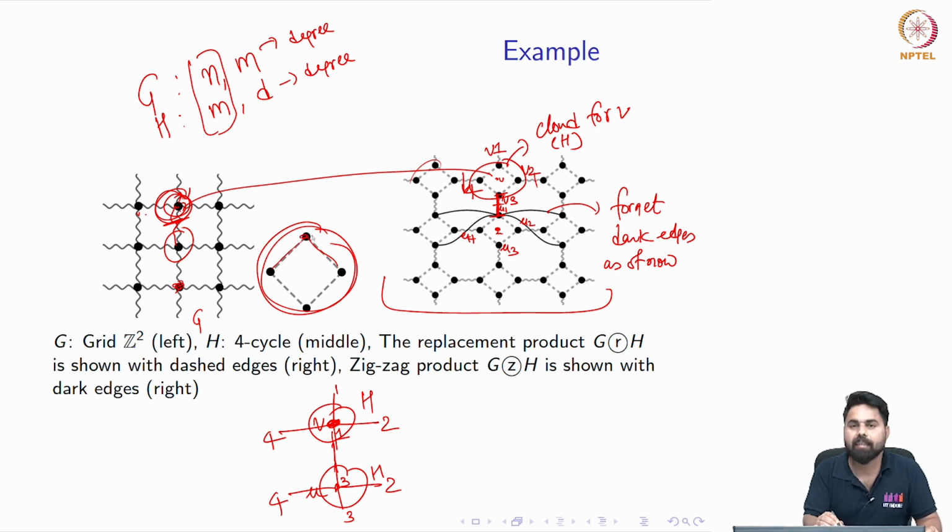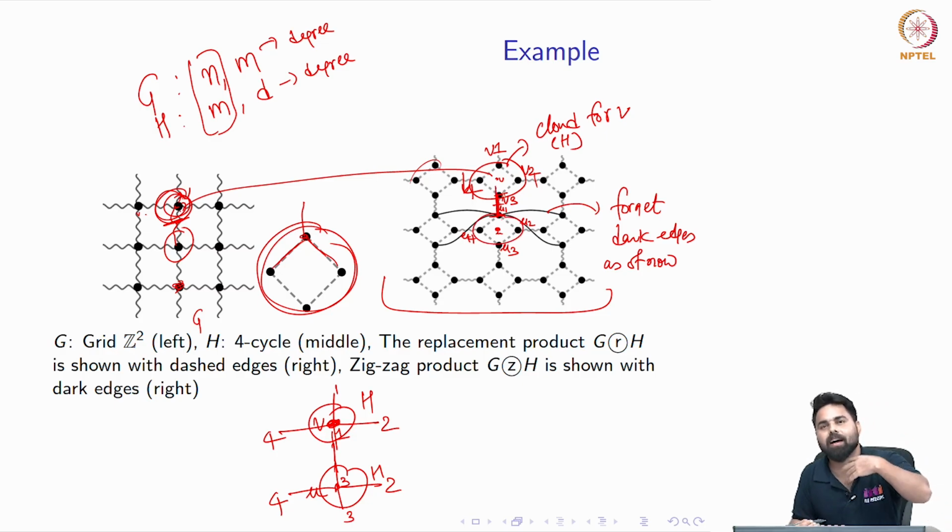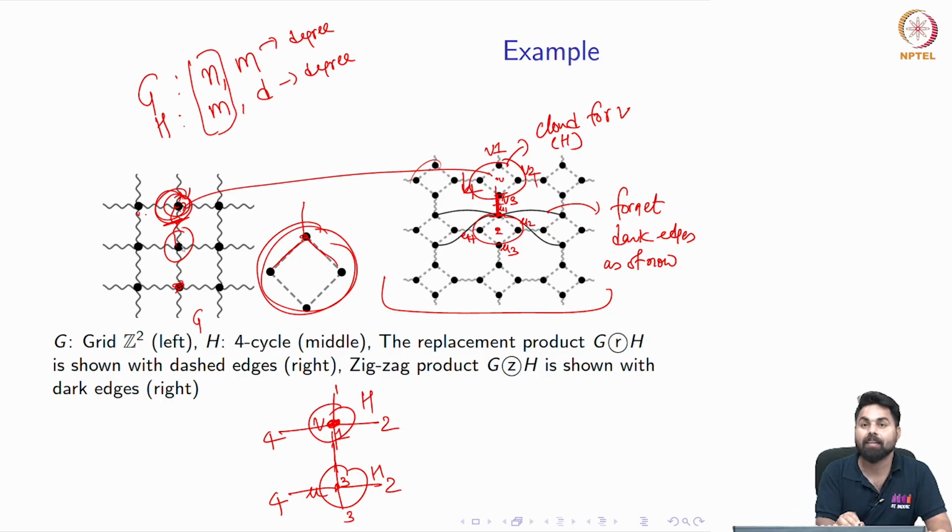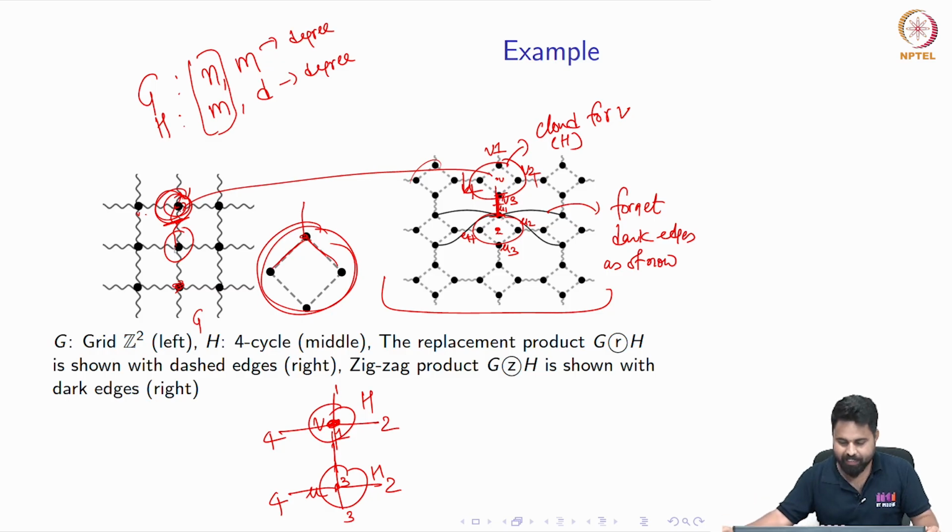So the degree of a vertex will be at least d, but then we have an edge with another cloud also, the cloud of the vertex which was adjacent to V in the original graph. So there will be one more incident edge, and hence the degree is d plus 1.